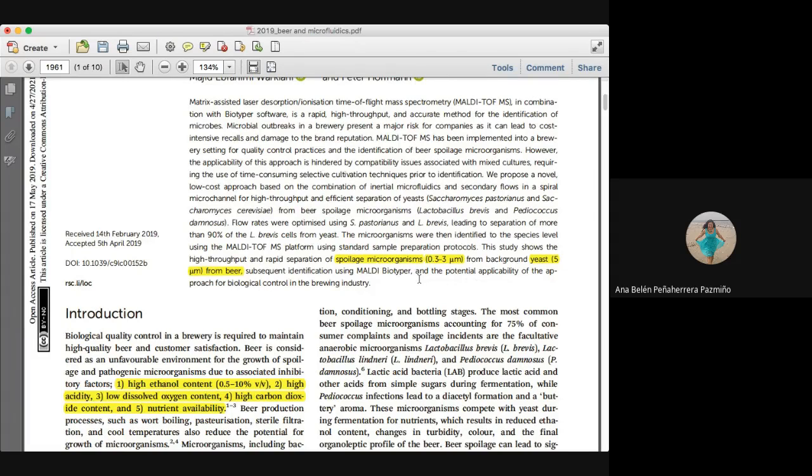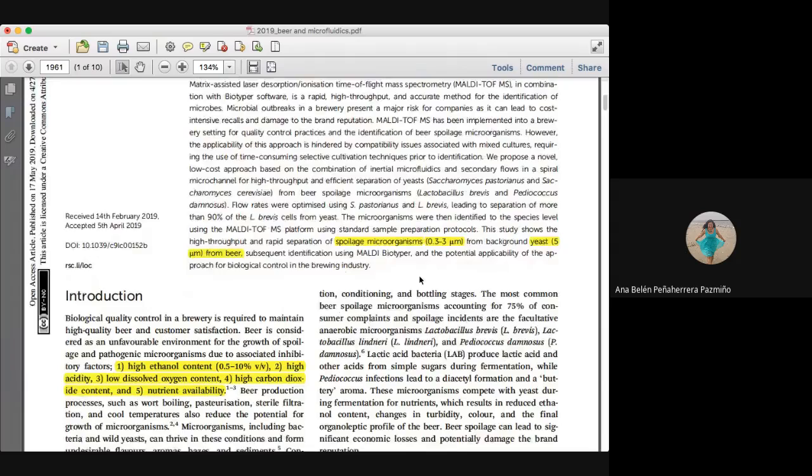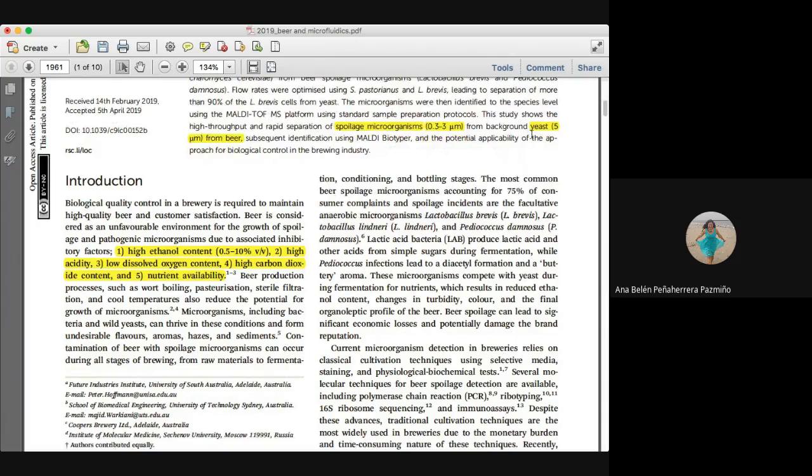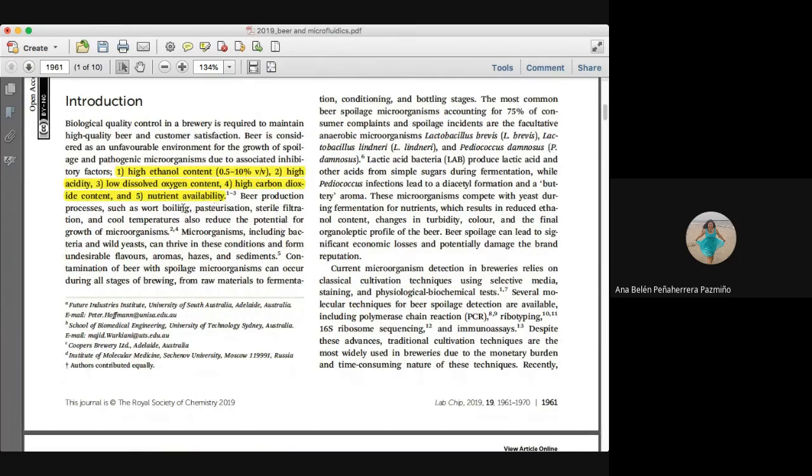So first, let's talk about the dimensions of the bacteria. For example, Lactobacillus brevis, the diameter is between 0.3 to 3 microns, while yeast diameter is between 4 to 5 microns. So why is it important to separate bacteria from beer?